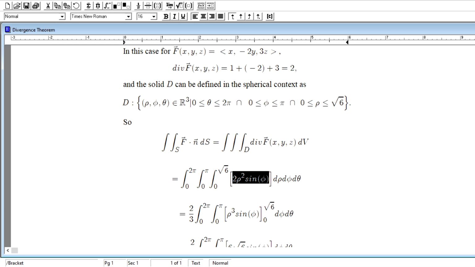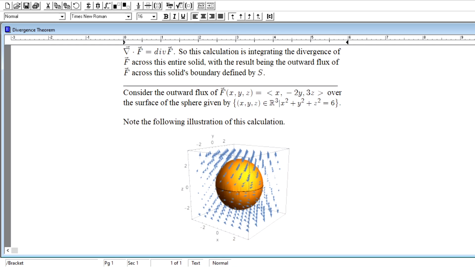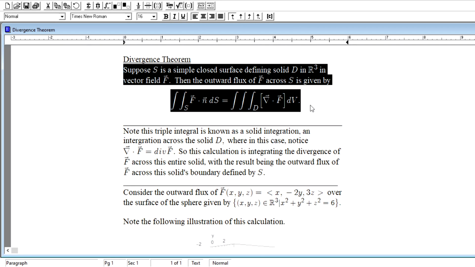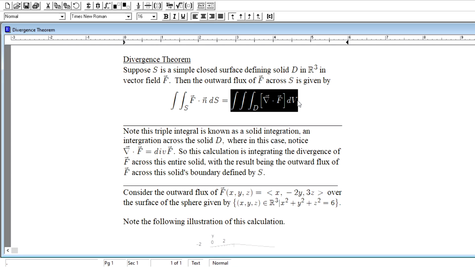All right. Folks, that is it for the semester, divergence theorem. It's not a lot going on there. It is basically saying here's this outward flux that you've learned about calculating back in surface integrals, where if that surface is defining a three-dimensional solid, you can actually perform that outward flux calculation using triple integration of what would be the divergence of the field inside that solid, right?